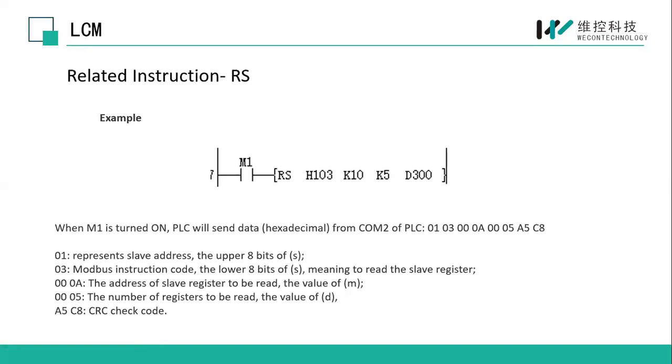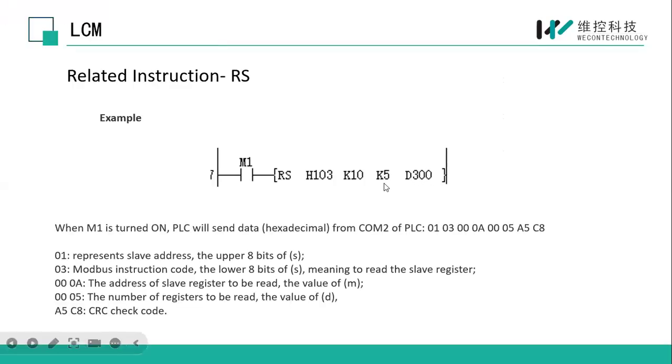And the value of address 11 will be saved in D301, and so on. And then the last, the value of address 14, will be saved in D304.